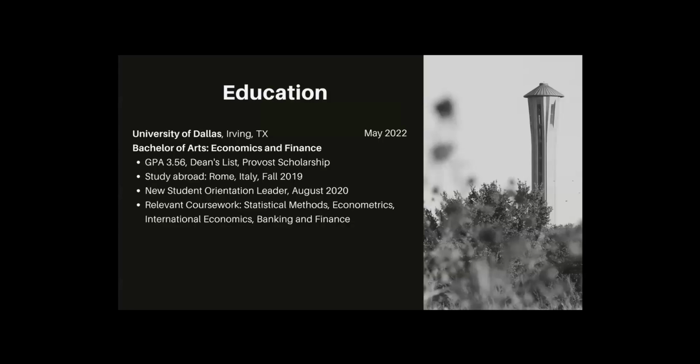Sometimes I put Bachelor of Arts first, because if you're looking for an internship, let's say you're a cybersecurity student looking for an internship in cybersecurity, you may want that to be the thing that stands out most. So you can put the degree first and the university next. If you know that there's an alumnus working at a particular place and you want them to see that it's University of Dallas, you may want to put the university first.